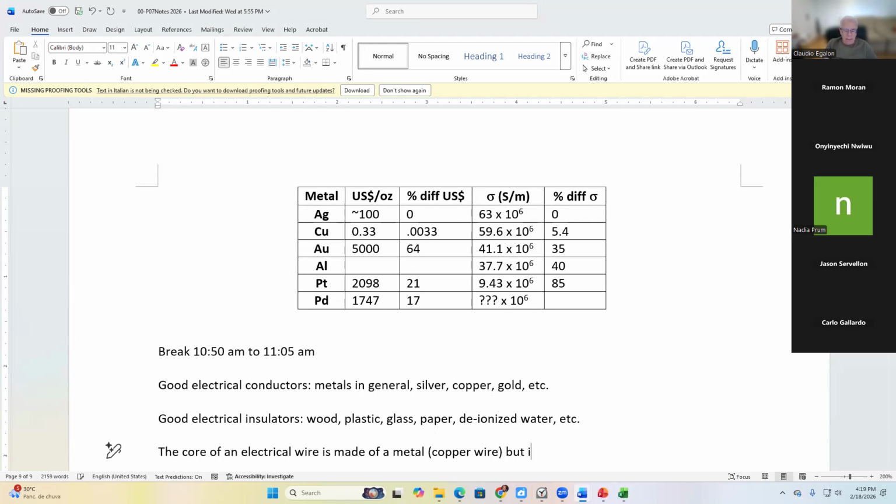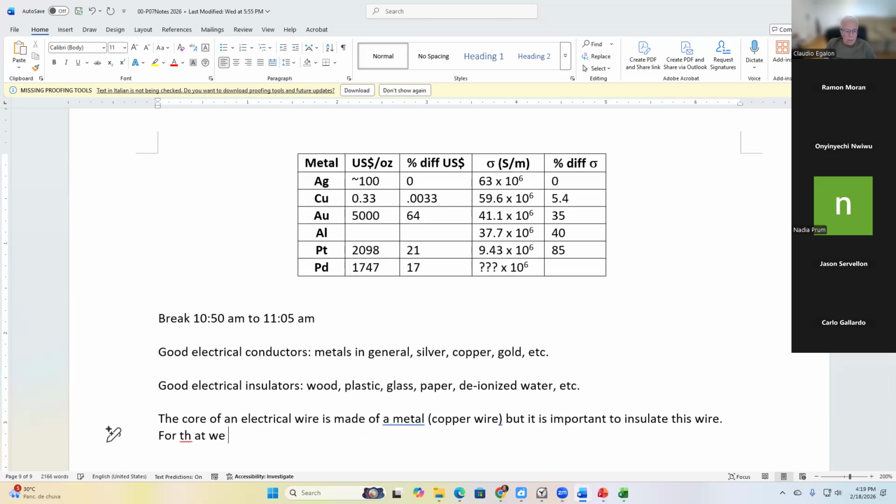But it is important to insulate this wire. For that, we use plastic around it, right? To insulate. Otherwise, you may have a short circuit.